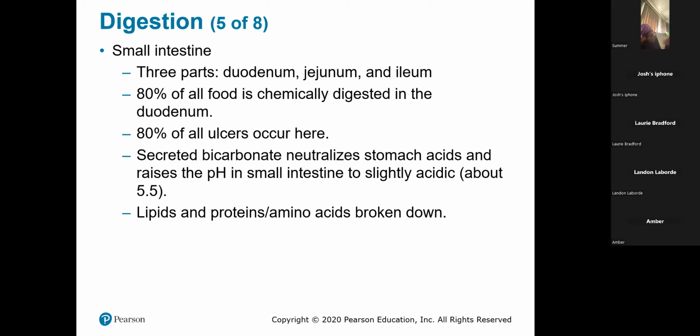Secreted bicarbonate neutralizes stomach acids and raises the pH in the small intestine to slightly acidic, about 5.5 on the pH scale. Lipids and proteins or amino acids are also broken down.